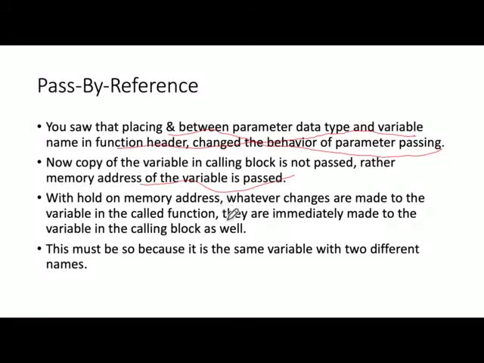With hold on memory address, whatever changes are made to the variable in the called function are immediately made to the variable in the calling block as well. It's a live wire connection. Change anything in the function and it gets changed right away in the calling block also. And this is so because the same variable with two different names is being used. Exact same memory location is being used.